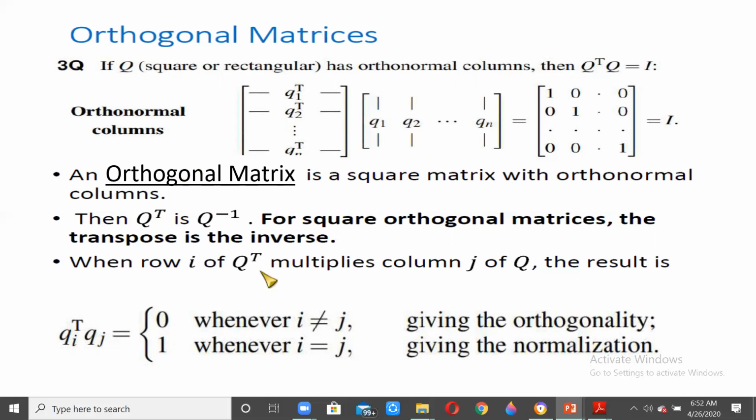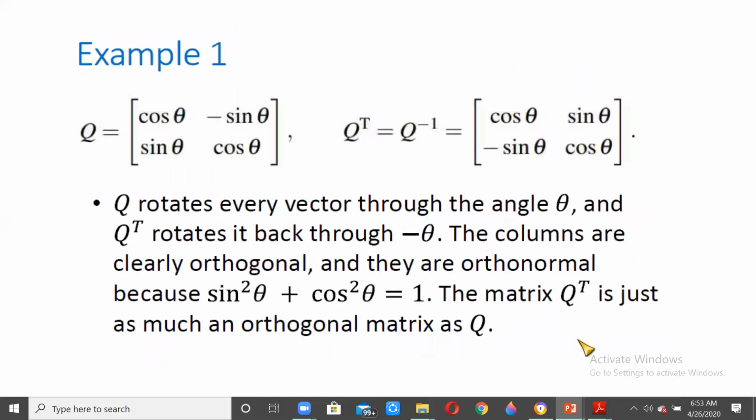When row i of Q transpose multiplies with column j of Q, qi transpose qj will be equal to 0 whenever they are not the same, giving the orthogonality, and qi transpose qj will be equal to 1 whenever i and j are the same, qi transpose qi, giving the normalization.